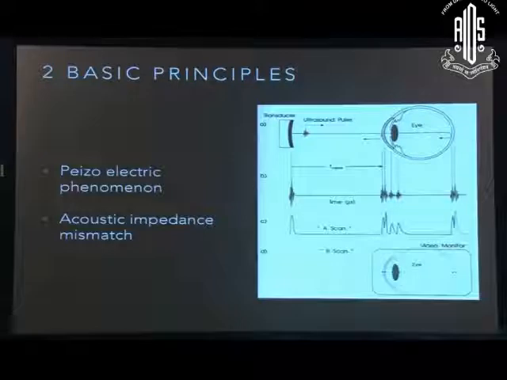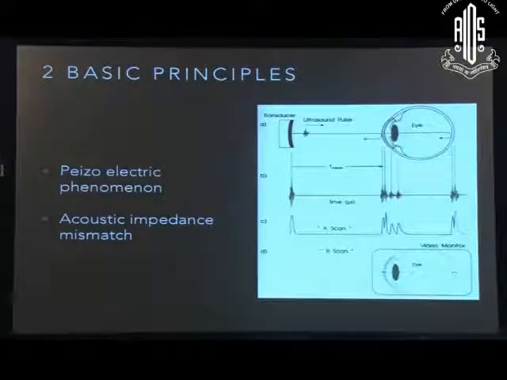There are two basic principles on which ophthalmic ultrasound is based. The most important is the piezoelectric phenomenon, whereby if you stimulate a transducer with an electric pulse, then this transducer gets deformed.